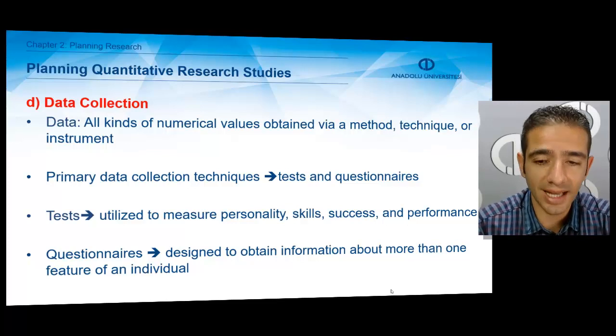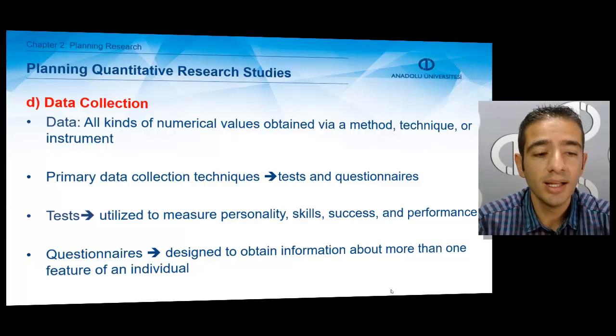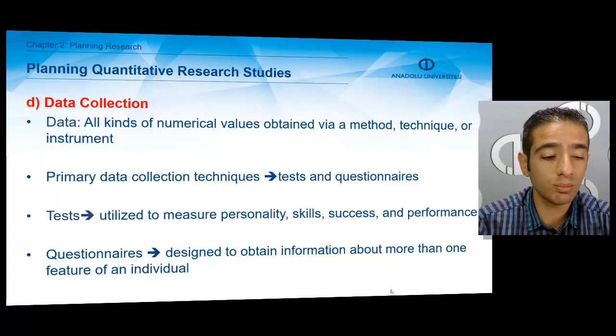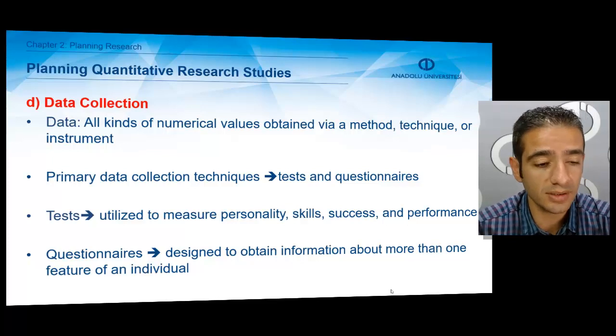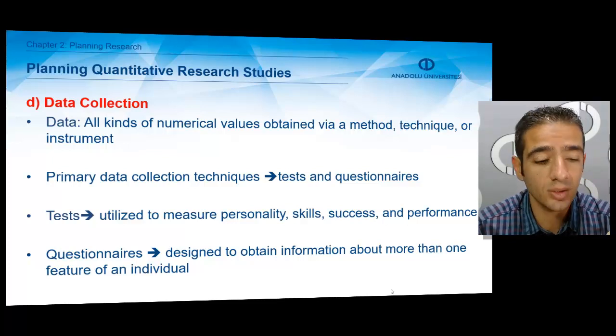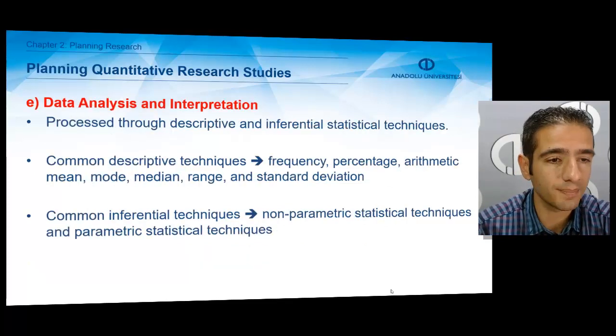They are usually tests and questionnaires. Tests are utilized to measure personality, skills, success, or performance. On the other hand, questionnaires are designed to obtain information about more than one feature of an individual. Both tests and questionnaires are commonly used in quantitative research studies.